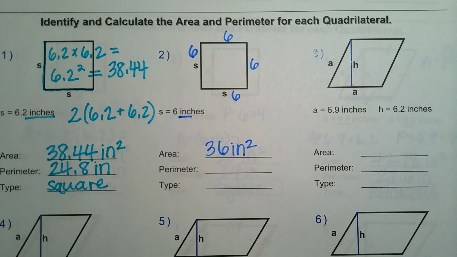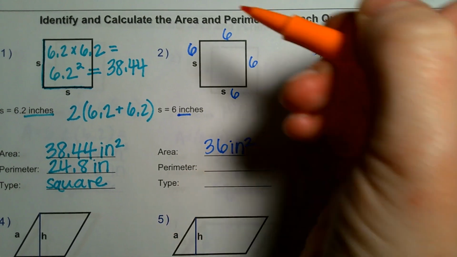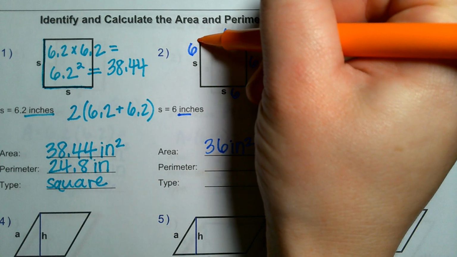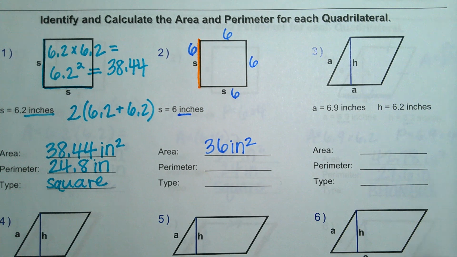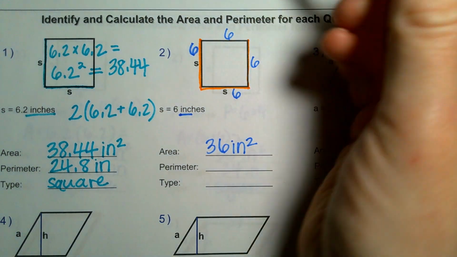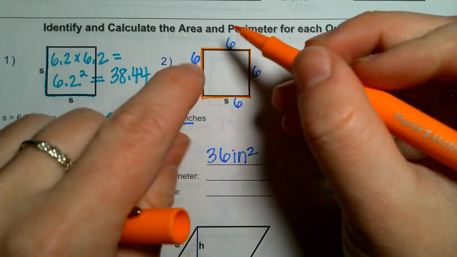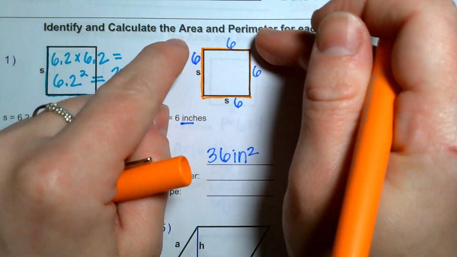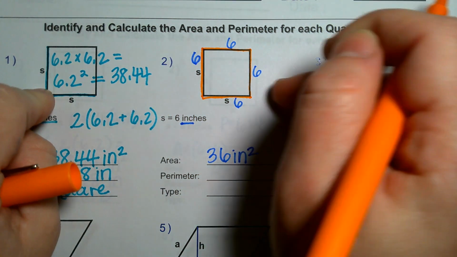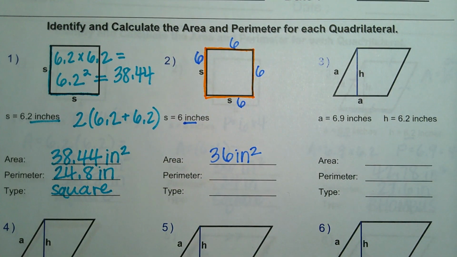Perfect. Now perimeter. Remember, the perimeter is just measuring this side and this side and this side and this side all together. We're trying to figure out if I were to open this square up and lay all the sides out in a flat, straight, long line, how long would that line be?